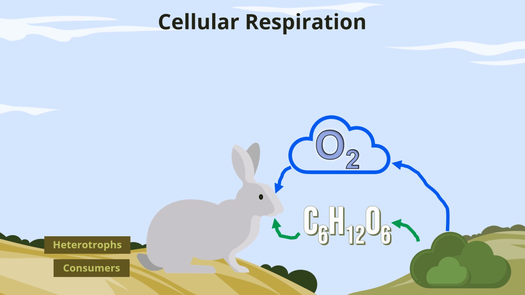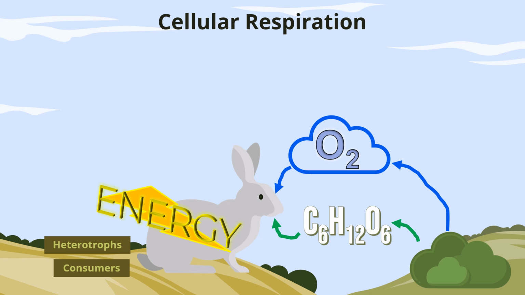Now inside the little animal body, the glucose is going to be broken down, and that's going to turn into energy. Energy to live, move, do all the things that animals do. That's from breaking down that glucose.